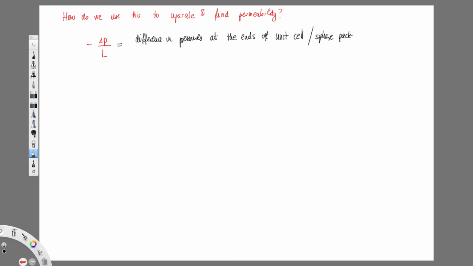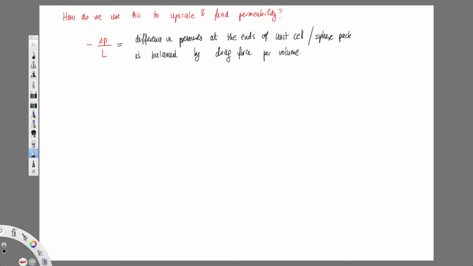It is balanced by drag force per volume, because I'm assuming that there's no acceleration.